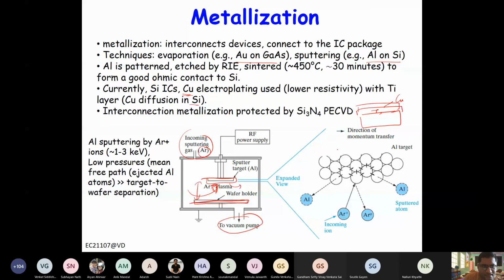So this is another process basically. If you see this picture here, these ions are hitting the target. The target is made up of metal, and this is knocking out these metals, right? And these metals are getting deposited on the wafer. So this is also used for interconnect metallization, right?